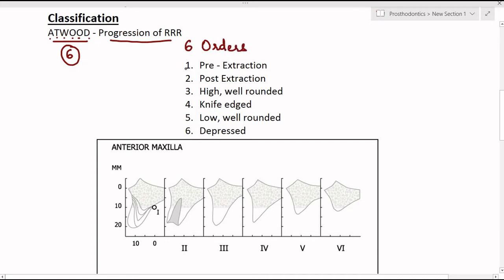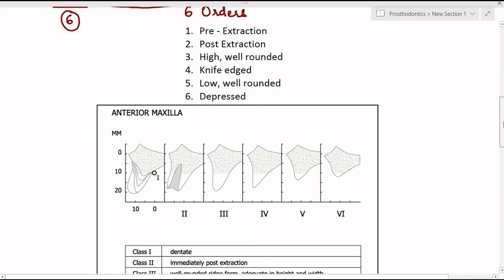First is pre-extraction. I'd like for you to see in the picture below here. This is pre-extraction. The tooth is present and there is only minimal bone loss. Order 1 is basically dentate, which means pre-extraction, right?